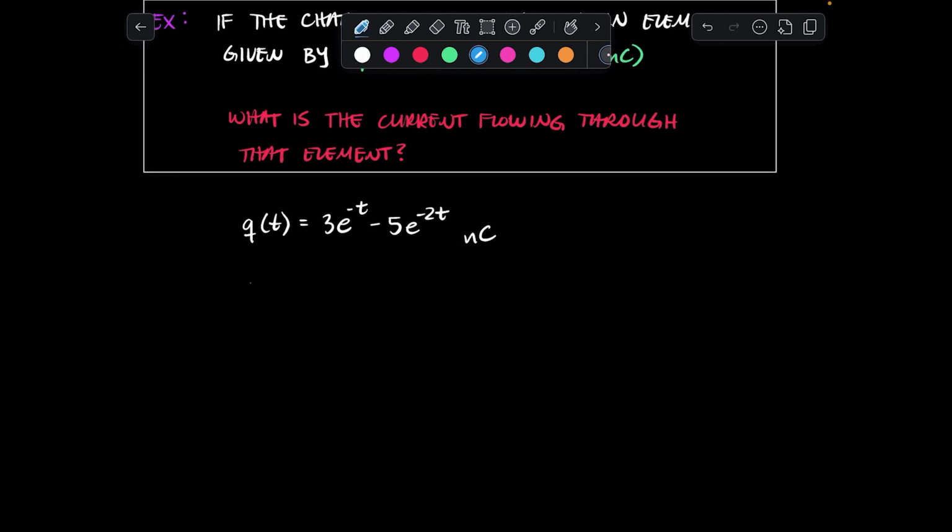We can use this formula for current, finding the derivative of Q of t with respect to time.